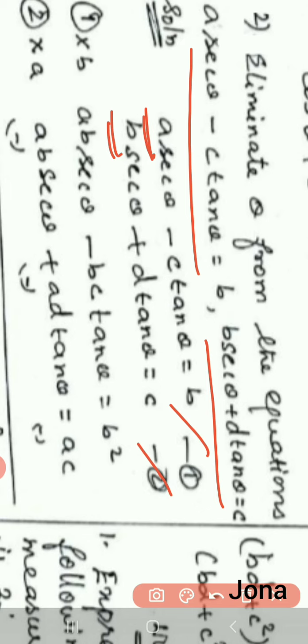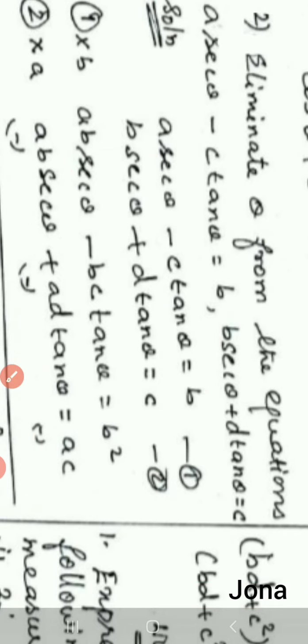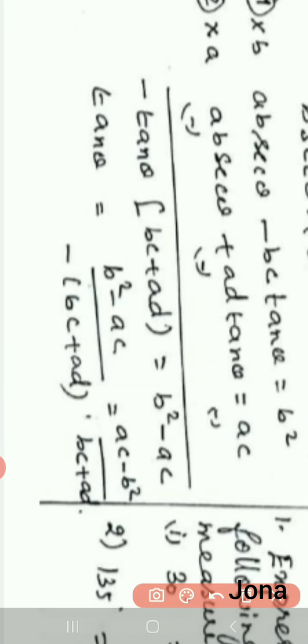Okay, so that if I multiply with b here, I get ab secant theta minus bc tan theta equal to b square. If I multiply with a the second equation, I get ab secant theta plus ad tan theta equal to ac. And then I want to solve these two, so change the sign there. I can cancel these two.